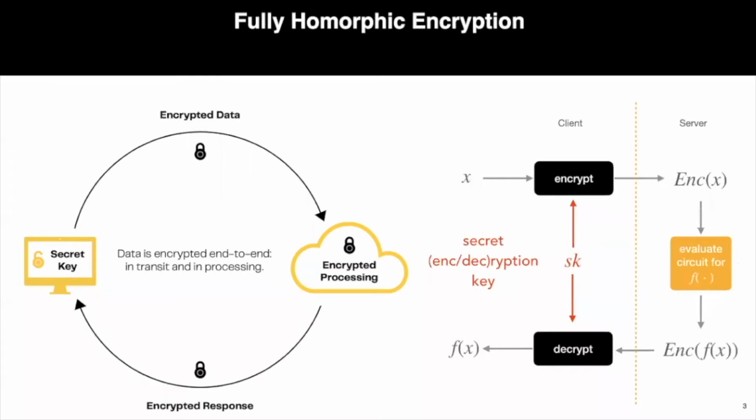You don't need to trust the outside world anymore. To perform the computation of their function, they just apply the function on encrypted data without knowing the private key, without decrypting anything.